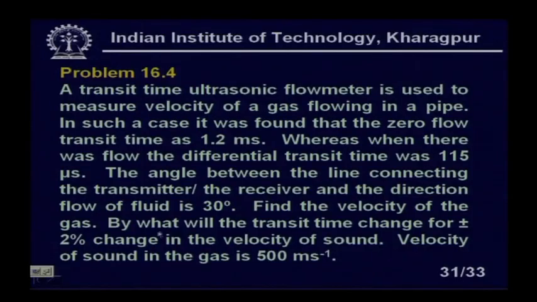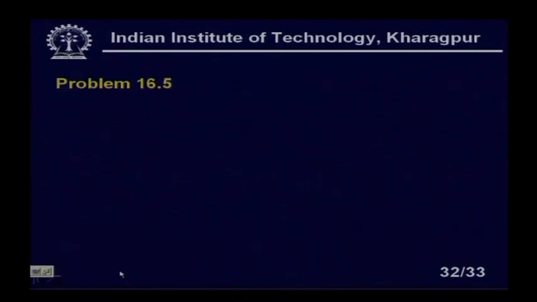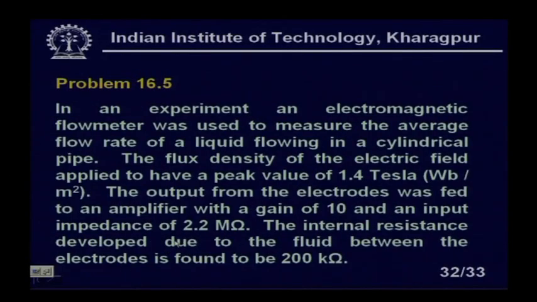Now, let us look at problem number 5. Problem number 5 is on the electromagnetic flow meter. In an experiment, an electromagnetic flow meter was used to measure the average flow rate of a liquid flowing in a cylindrical pipe. The flux density of the electric field applied has a peak value of 1.4 Tesla, Weber per meter square. The output from the electrodes was fed to an amplifier with a gain of 10 and input impedance of 2.2 megohm.